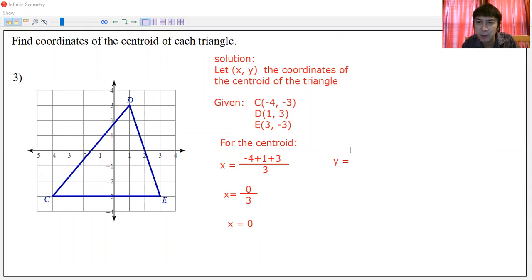This will now be the numbers -3 plus the 3 plus the -3, and this to be divided by 3. All right, so put the underline. This is the division symbol over there. So that looks like -3 over 3, -3 divided by 3.